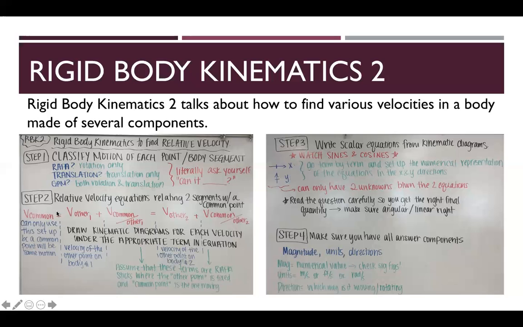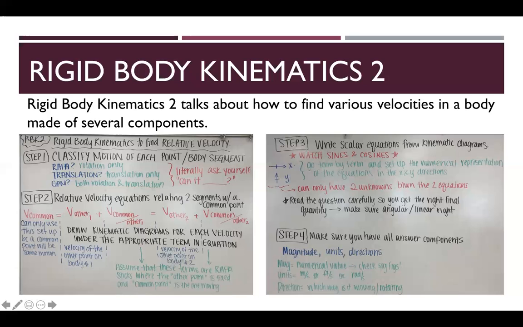And because that point attaches both bodies, these 2 equations have to equal each other, right? So V common equals V other 1 plus V common over V other 1, but also V common equals V other 2 plus V common over other 2. These have to equal each other, and it's that principle that allows you to solve it this way.